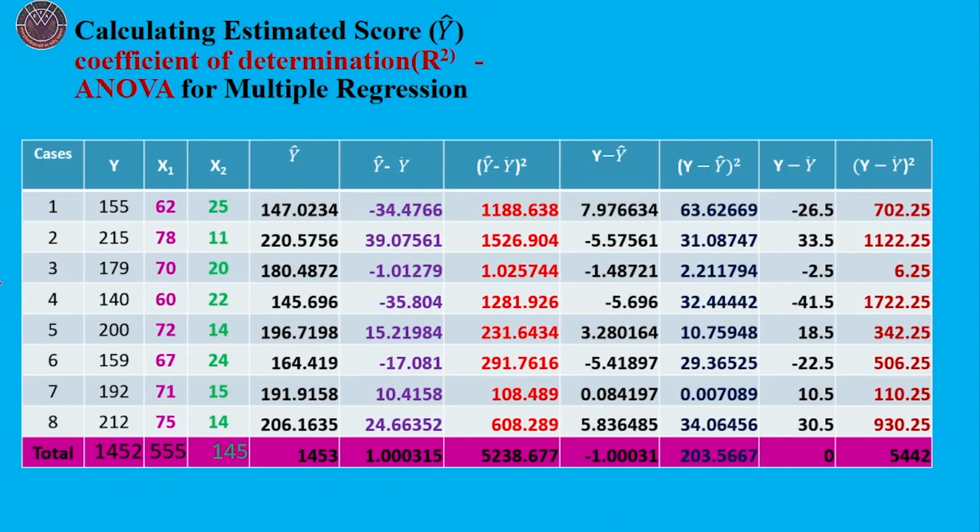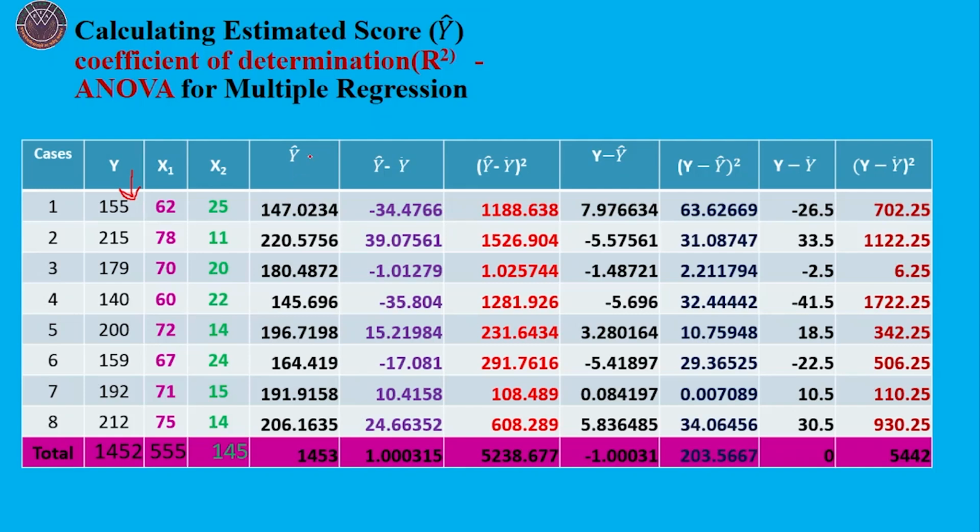Our y values are given in this particular column, and x1 and x2 are also written here. And y cap is obtained by using the multiple regression equation of line of fit that we have obtained.